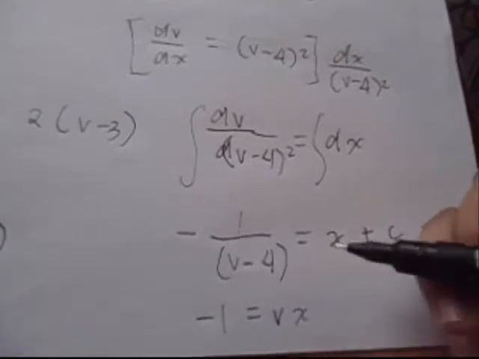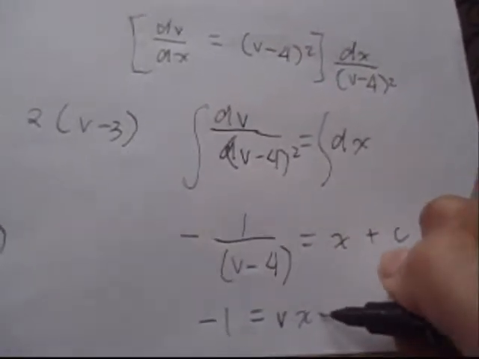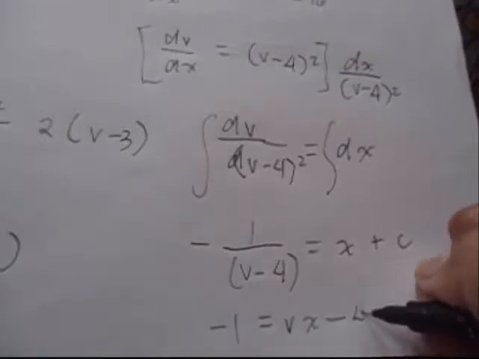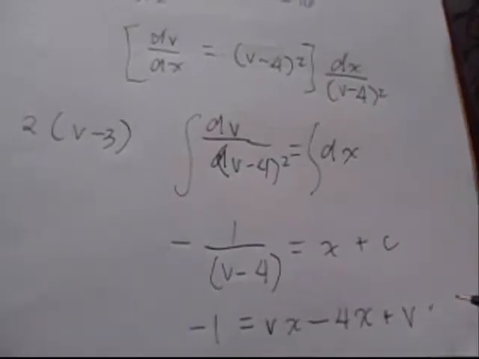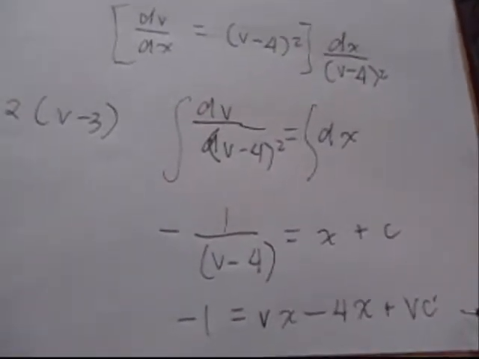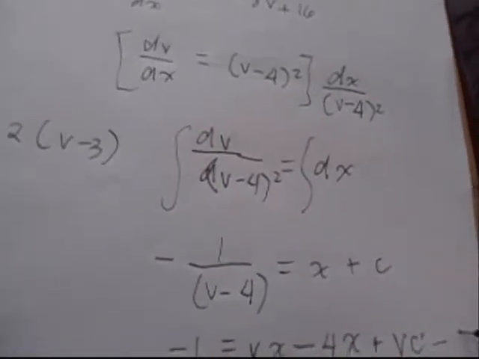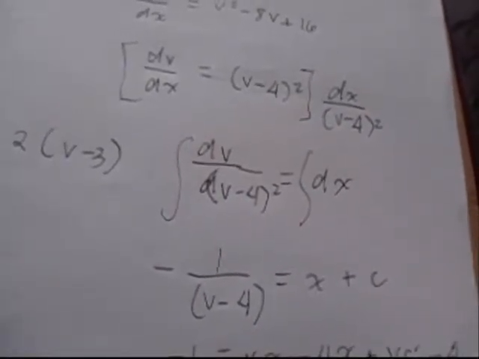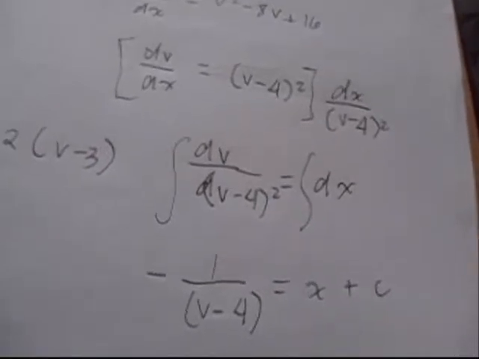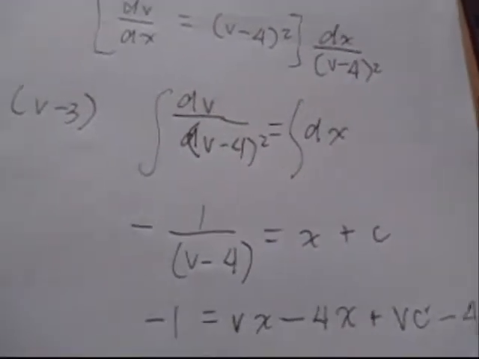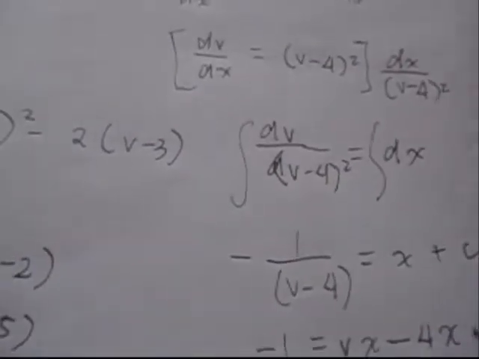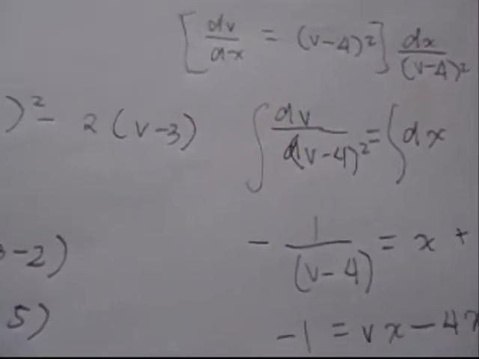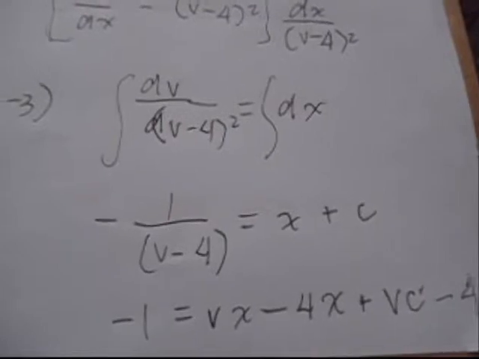We have negative 1 equals vx minus 4x plus vc minus 4c. There, minus 4c. Then after that we can now get our v from that.